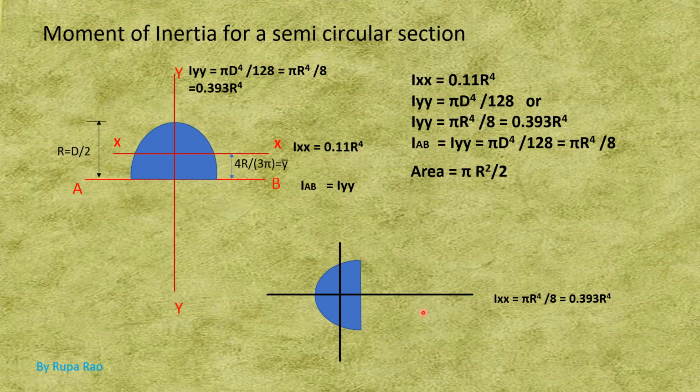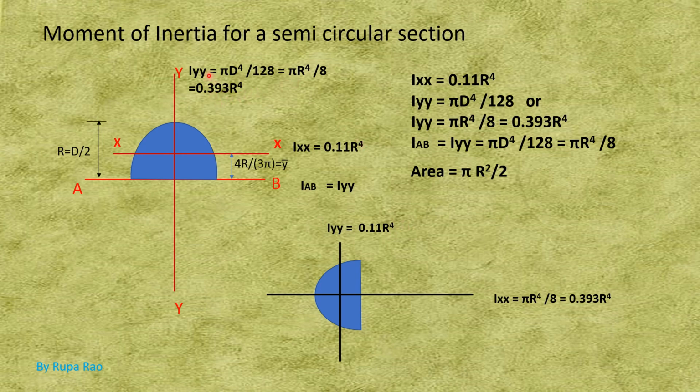This is something very important to remember. Now this is the vertical axis YY here, and you can see it is parallel to the base. So now this is 0.11 r raised to 4. So here IYY becomes 0.11 r raised to 4. It is not 0.393 r raised to 4.